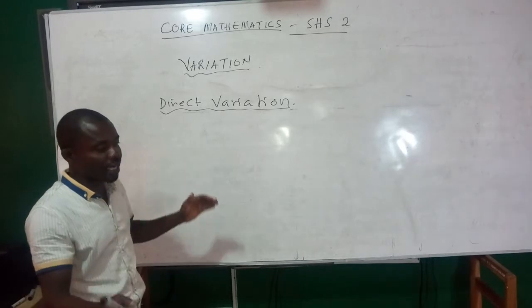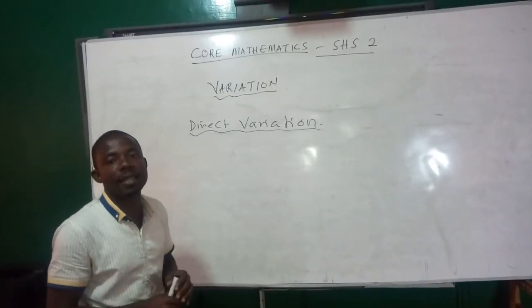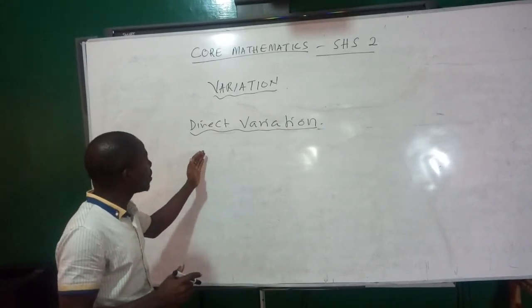So you should know the graph of a direct variation is always a linear graph.